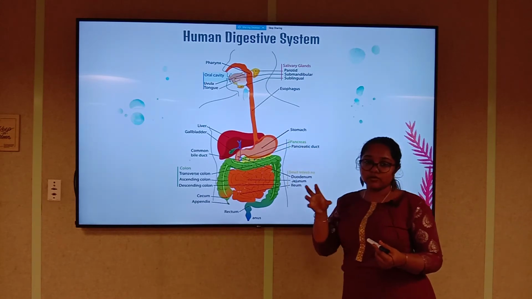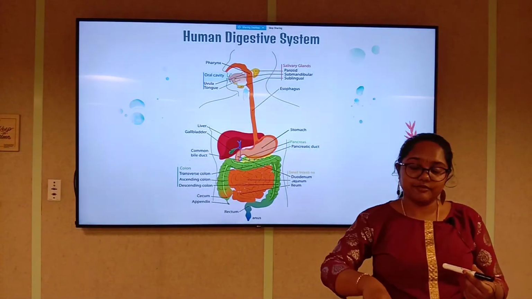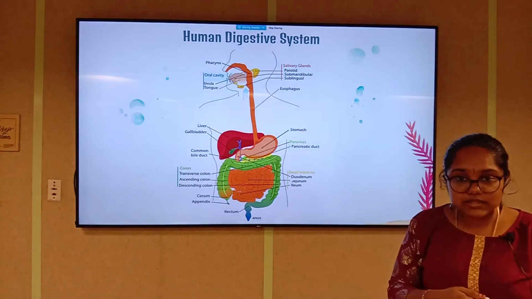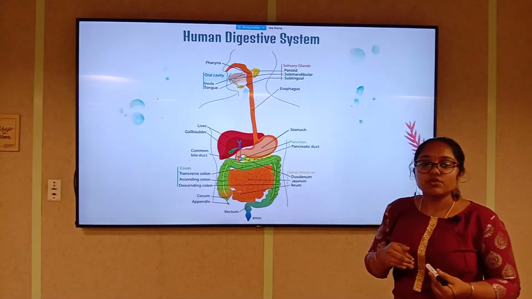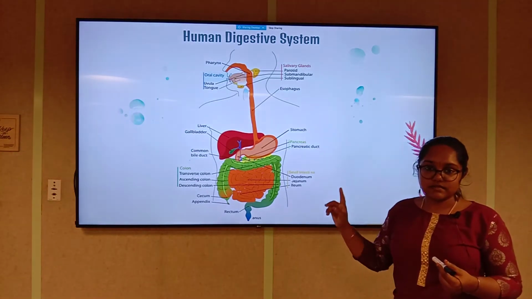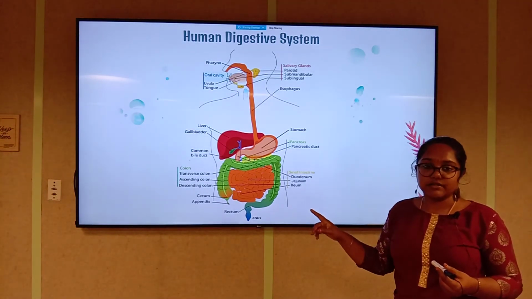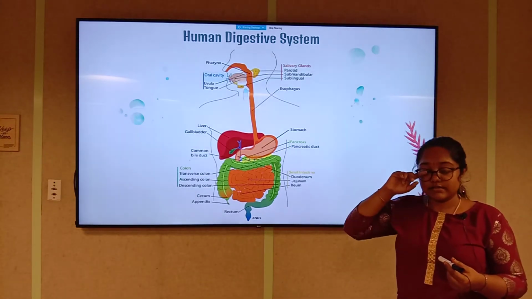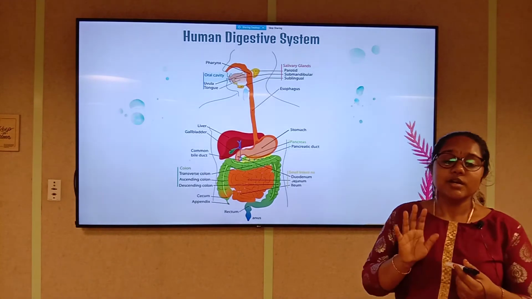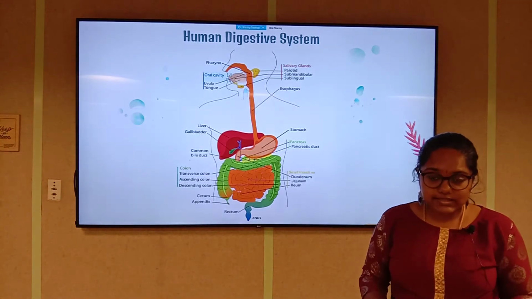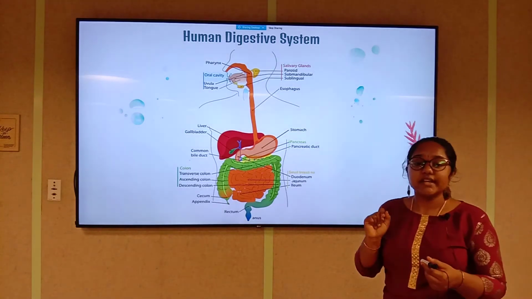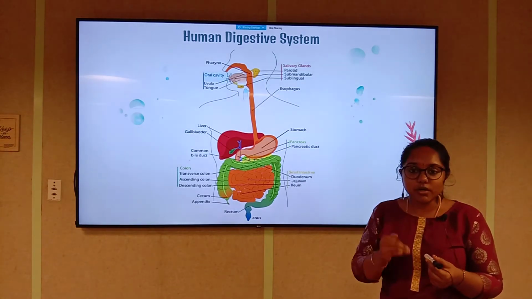Now, when the bolus is passing through the food pipe, there is no digestion happening. In the entire digestive system, if they ask you whether there is digestion happening in the esophagus, your answer must be no, because the food pipe has no enzymes in it or has no capacity to digest the food. Its work is only to push down the food.